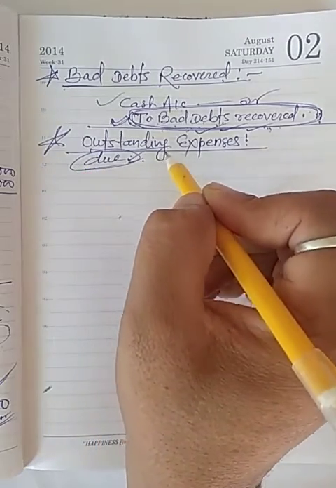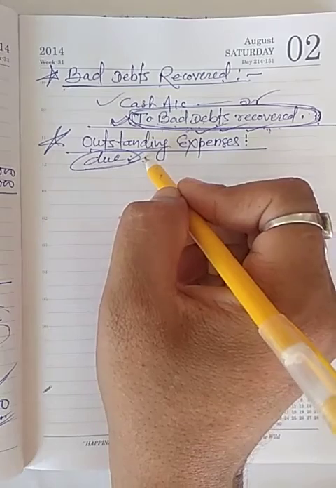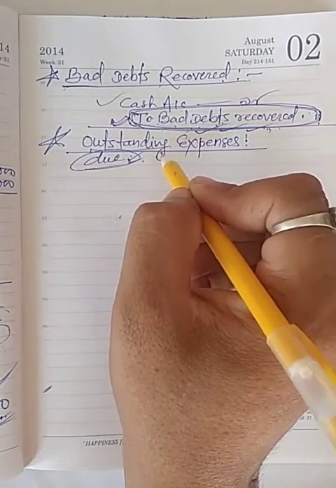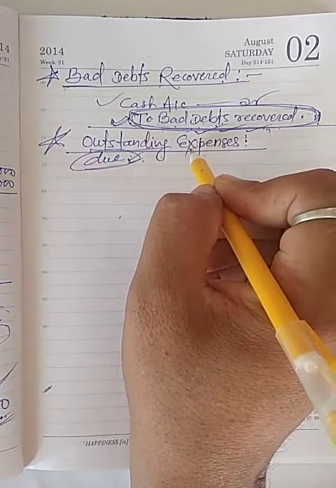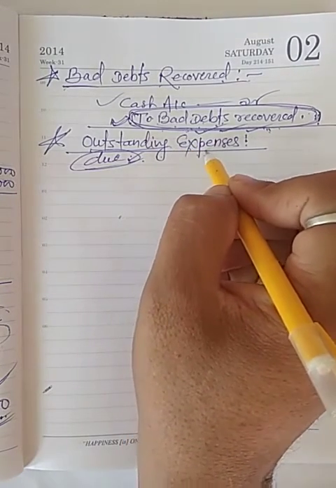These are the expenses which should have been paid during the current year but which have not been paid.